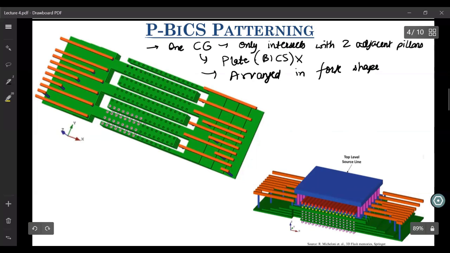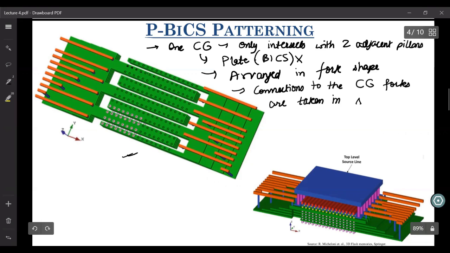Right? So you have this fork-like structure, which is shown over here, in which these CGs are arranged. And how do you combine these CGs? You take connections to these forks. Connections to the CG forks are taken in staircase manner itself.